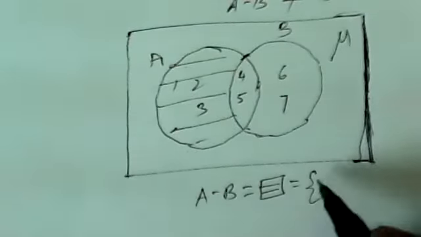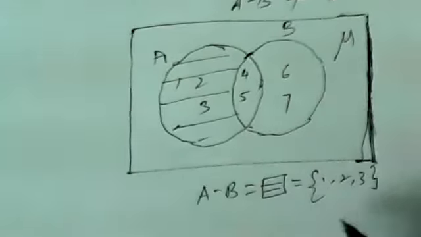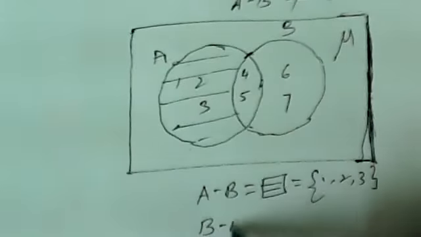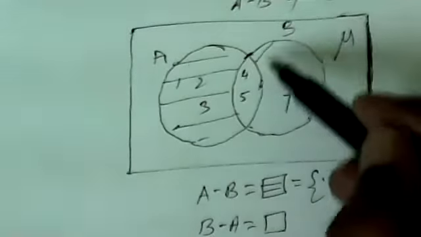What elements does it contain? 1, 2, 3. Check your answer there. Similarly, B minus A we will represent by another shading, cross lines.